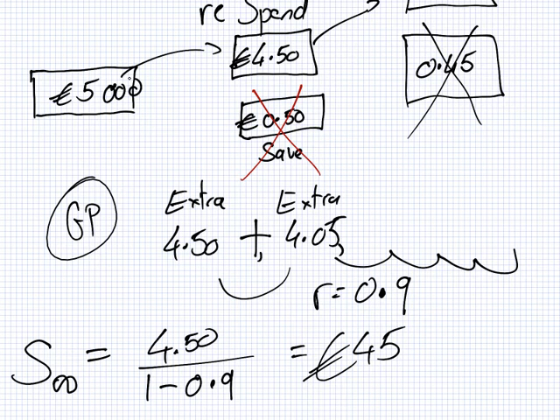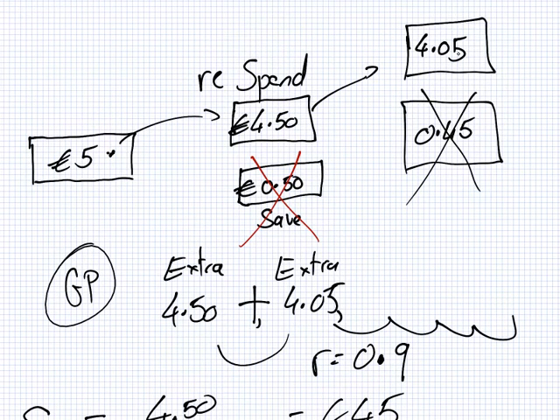So let's say I spend €5, I get your phone, then you spend €4.50. You keep 50 cents. Again, he has money now, so he'll spend it. He'll buy something for €4.05, and he'll keep 45 cents in the bank. And this will keep moving along.